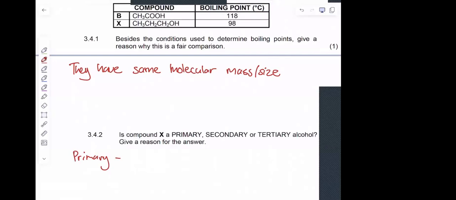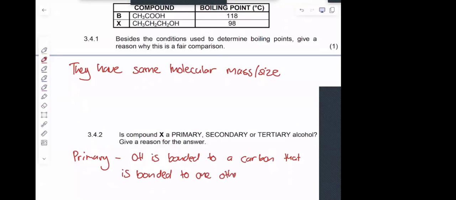So our OH is bonded to a carbon that is bonded to one other carbon atom. Okay, hope that makes sense to you guys there.